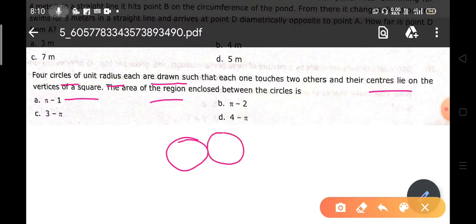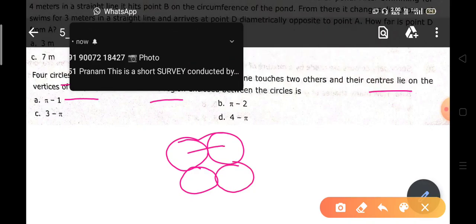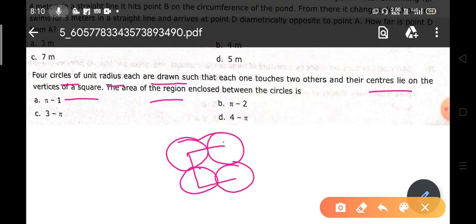Suppose there are 4 circles, each touching the others, with unit radius, and their centers lie on the vertices of a square. You have to find the area of the region enclosed between the circles.